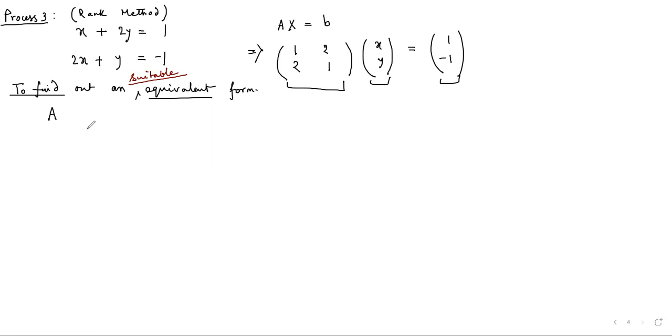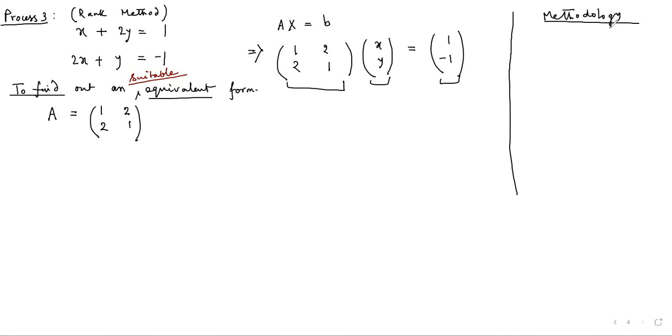And first of all, let's see what is happening. So we have this matrix 1, 2, 2, 1, and if I want to find out the rank of the matrix, then what would be my methodology? My methodology is the following.